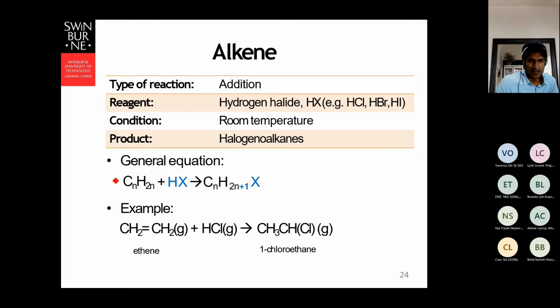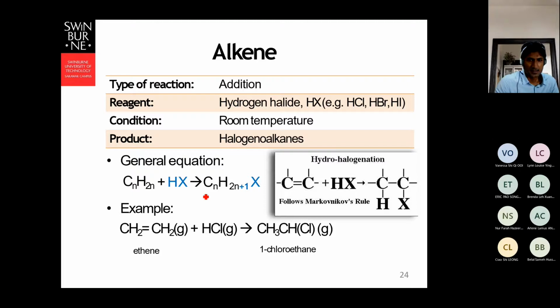And just now we have seen that alkene will react with halogen at room temperature, in any given condition, and produce dichloro haloalkane. It also reacts with hydrogen halide, which can be a gas or a liquid. It reacts with alkene at room temperature and produces 1-chloroethane.